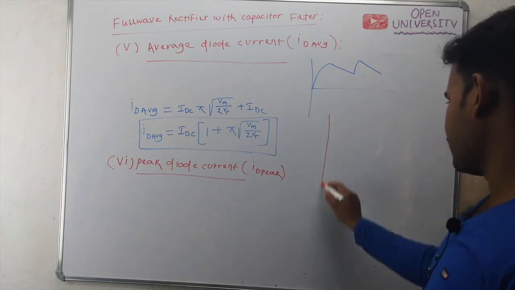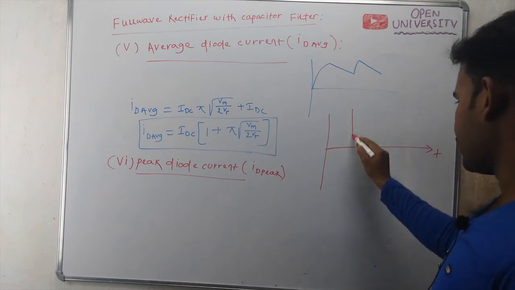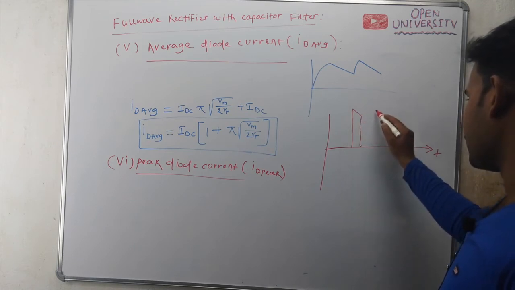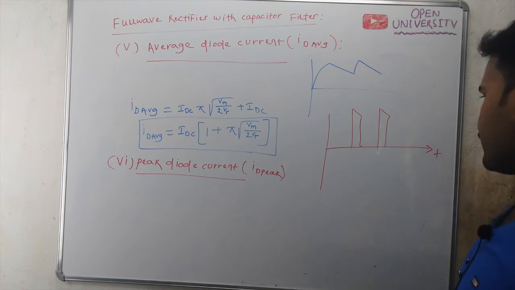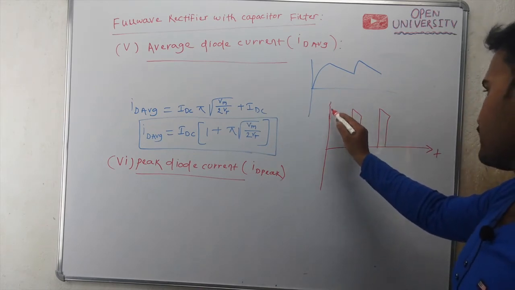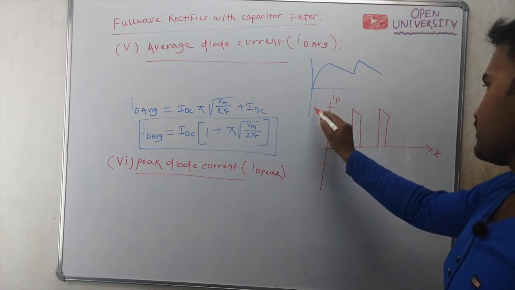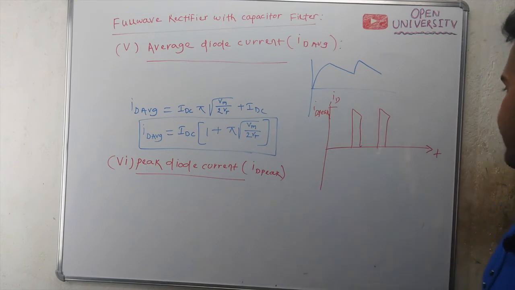You can see how the current through the diode increases suddenly. This is the way the sudden increase of the diode current, this is your diode current ID, and this maximum diode current is nothing but ID peak.